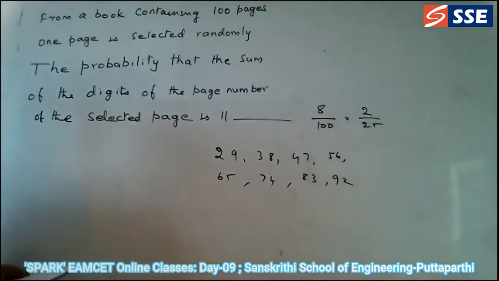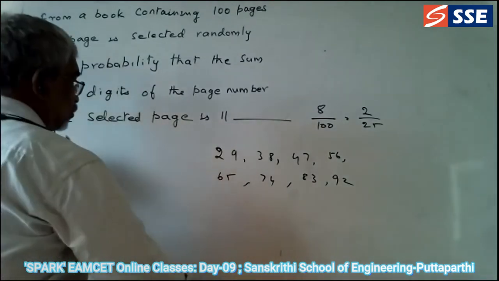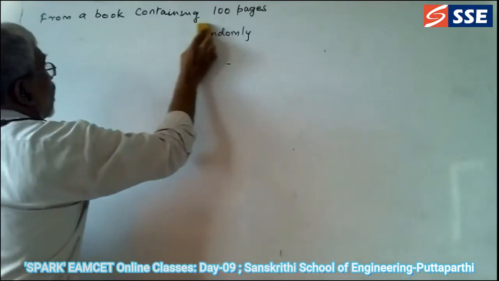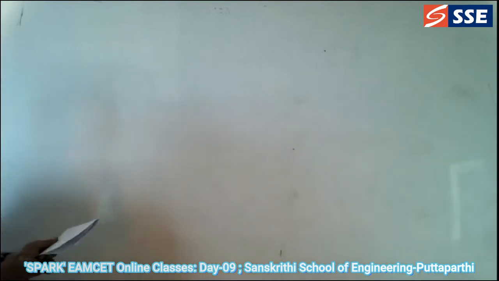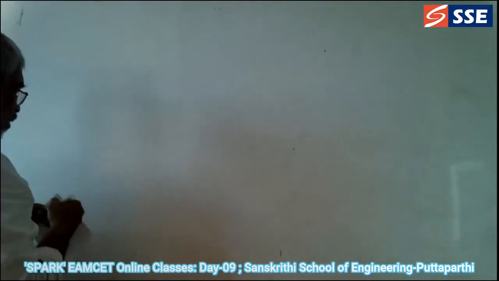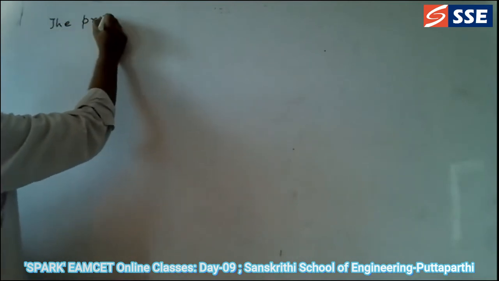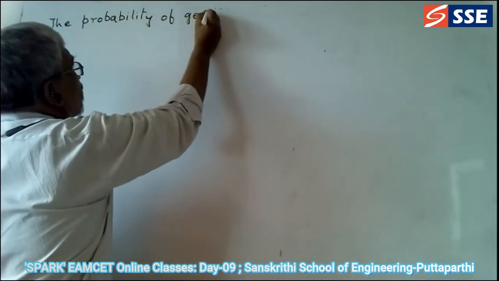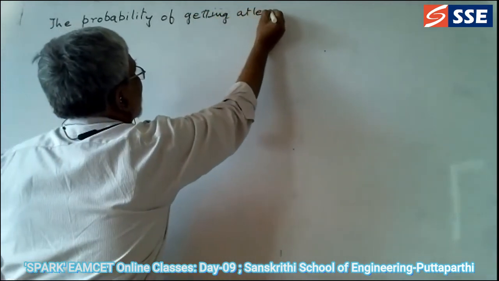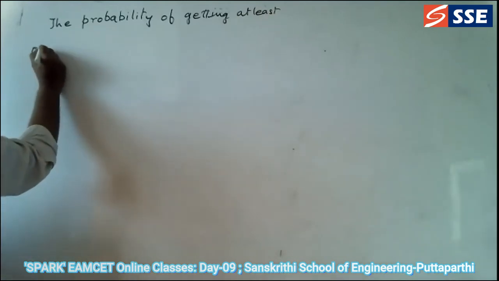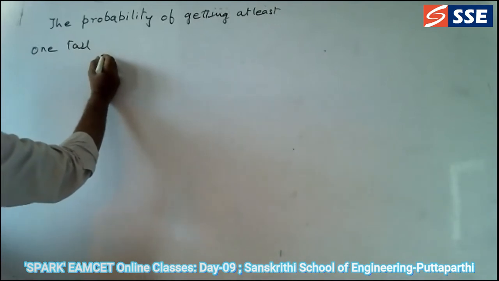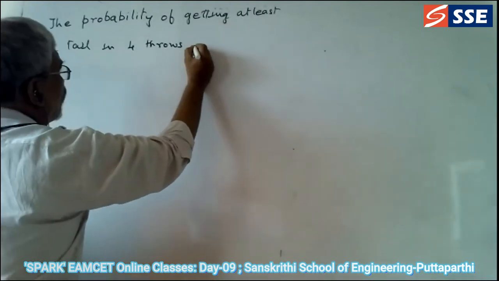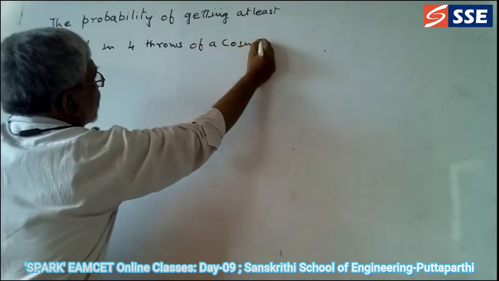Okay. Now let us go for the next problem. The probability of getting at least one tail in 4 throws of a coin is dash.